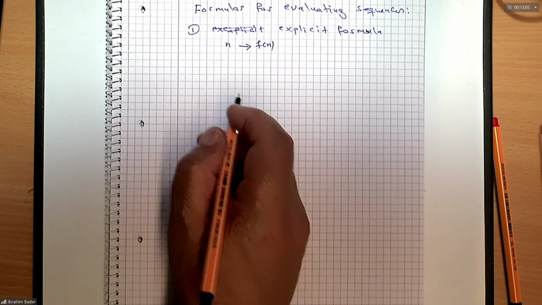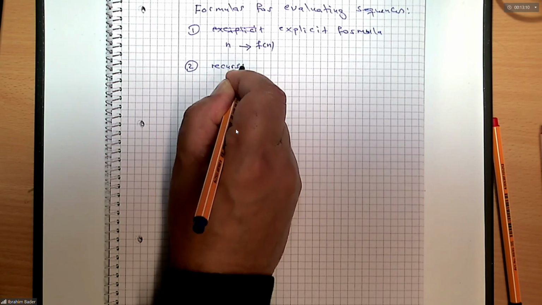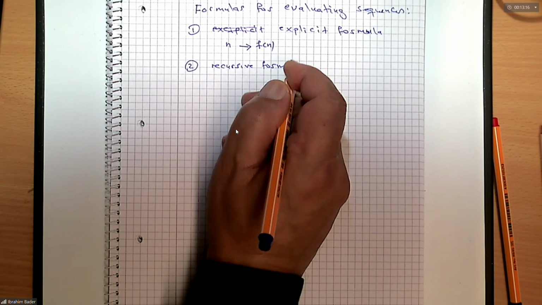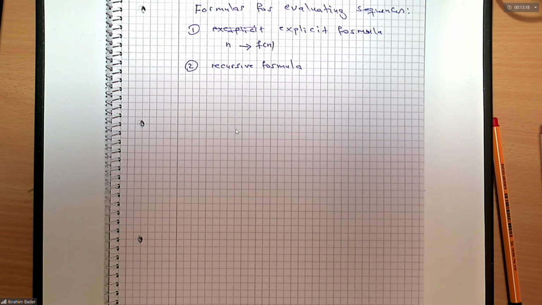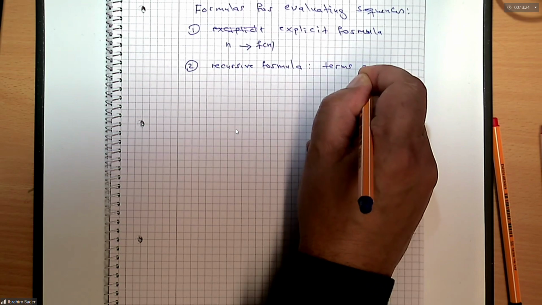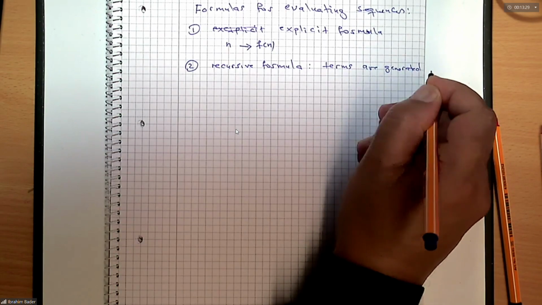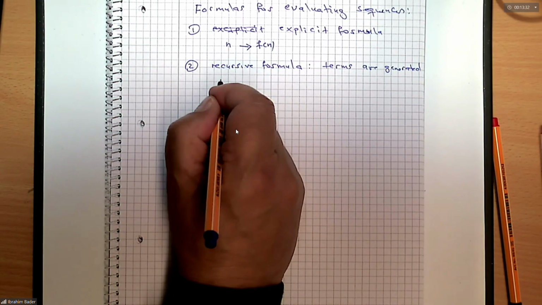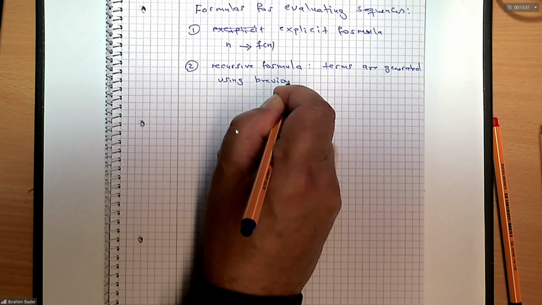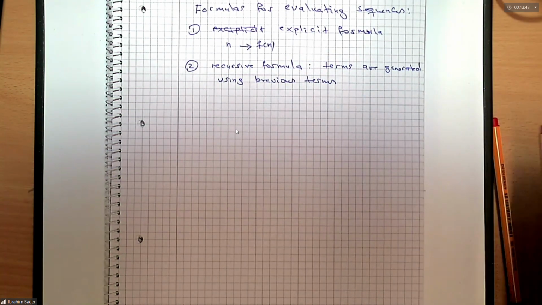And the second one, which is called the recursive formula. Recursive formula is actually where terms are generated using previous terms.